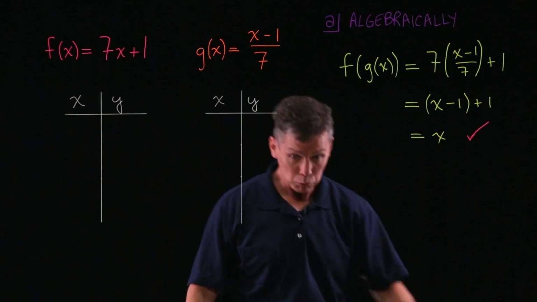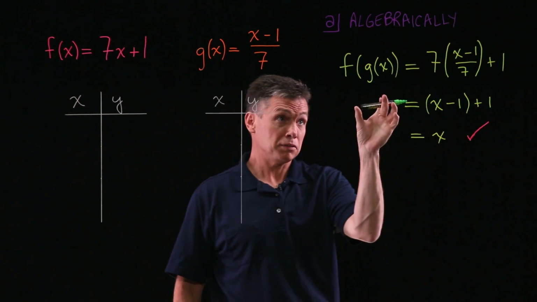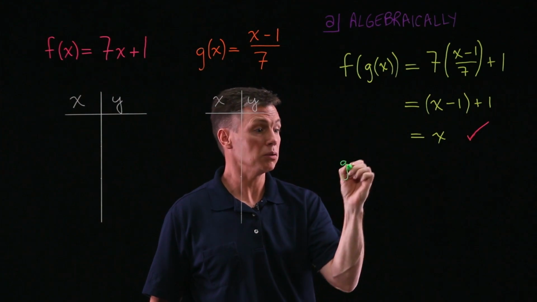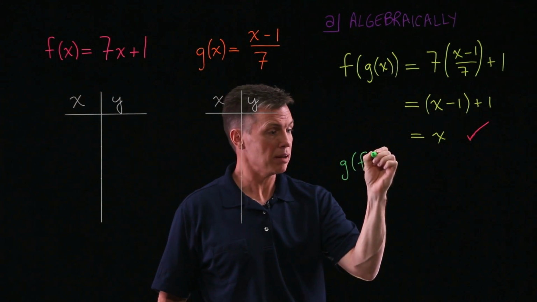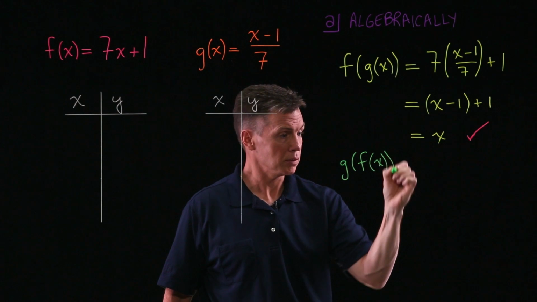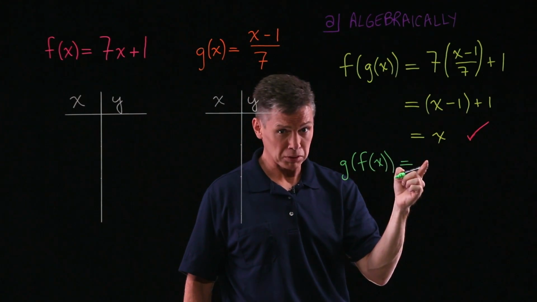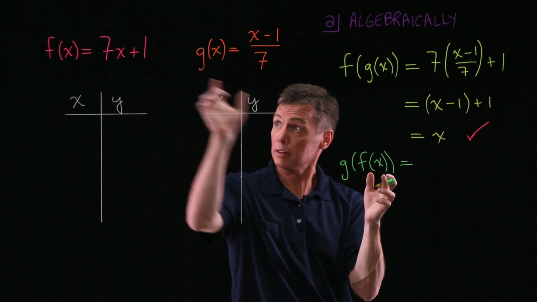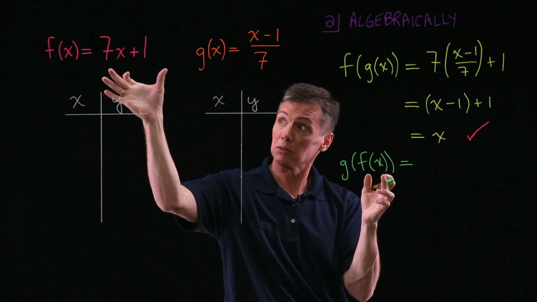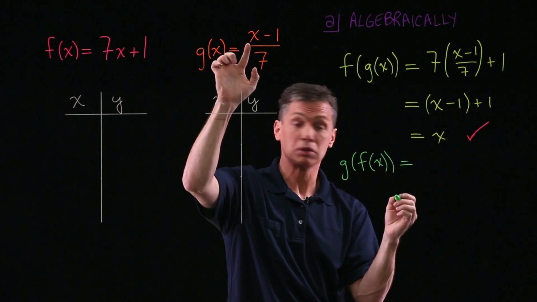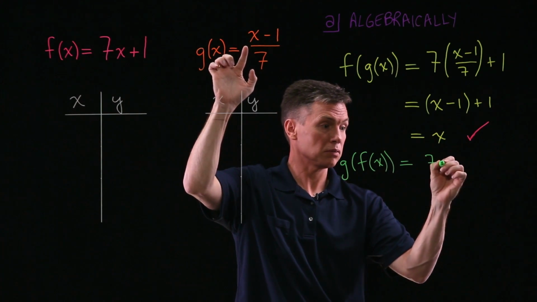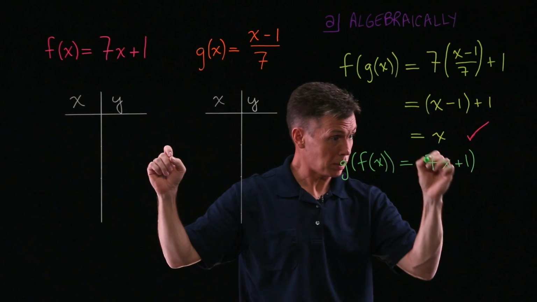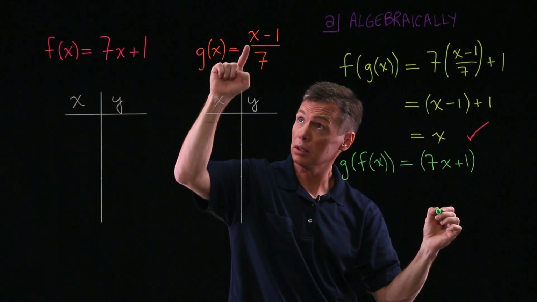All right, I wouldn't stop there. That confirms that g inside f works. I'd also want to do the other order, g of f of x. And you should get that same result of x, but a different way. This way is going to be f inside of g, so I'll take all of that and put it right here for x. 7x plus 1, that's my argument here.